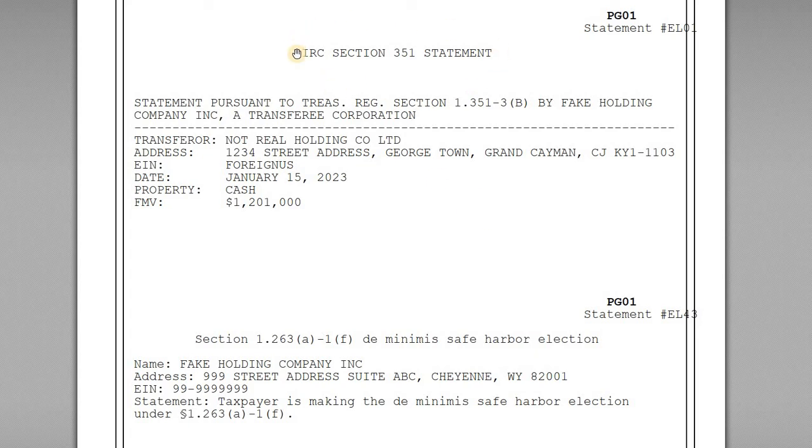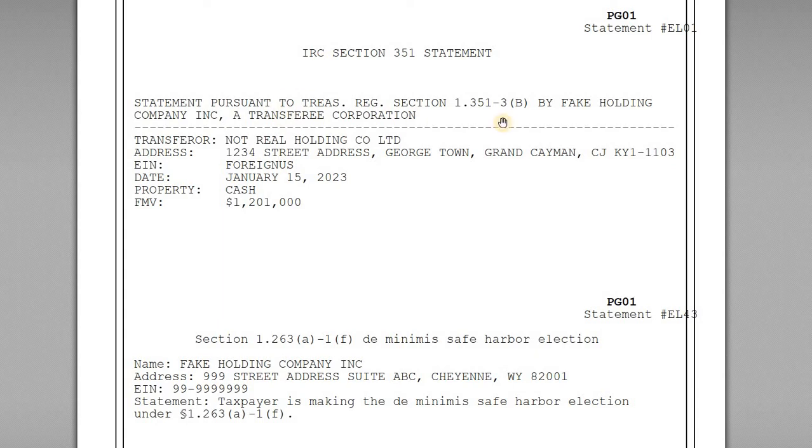And so Section 351, that is the case here, right? And so they do ask that the transferor is generally the person that has to attach the statement, but in this case, the transferor is a foreign corporation that doesn't have a filing obligation. So if that's the case, then the transferee corporation, the entity that received the property and then gave up the stock, they can include it on their return. So that's what we've done here.